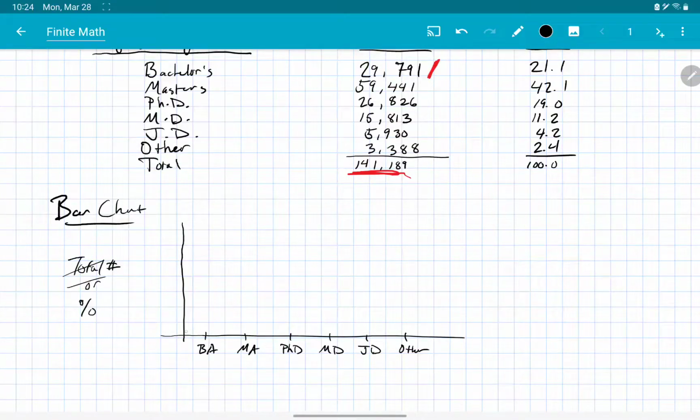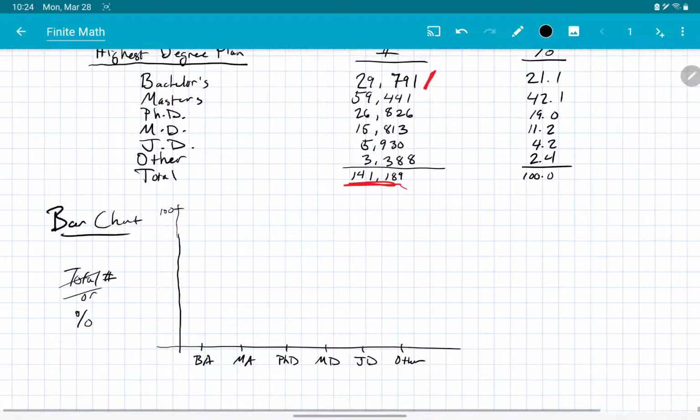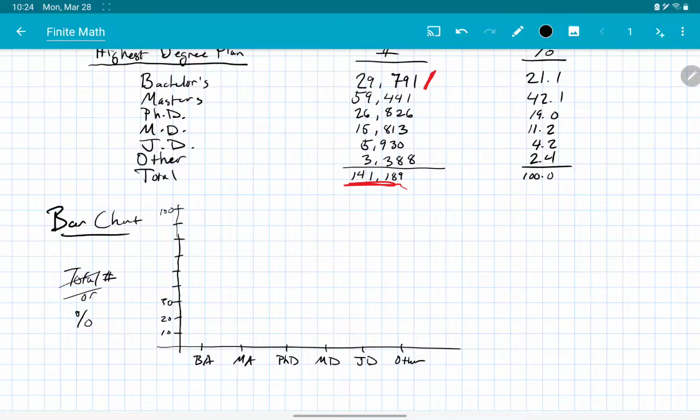So the top of ours, let's see, 10, 20, 30, 40. I have graph paper here, so I may as well make this graph reasonably good: 10, 20, 30, 40, 50, 60, 70, 80, 90, 100.